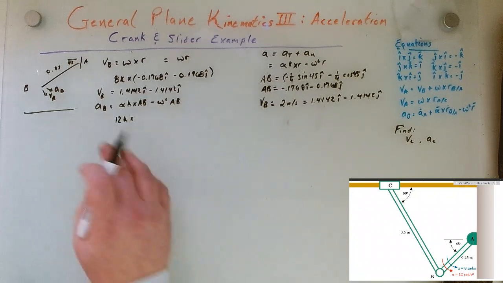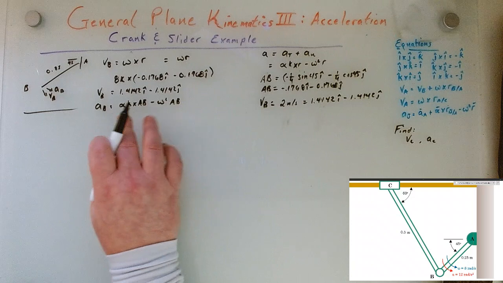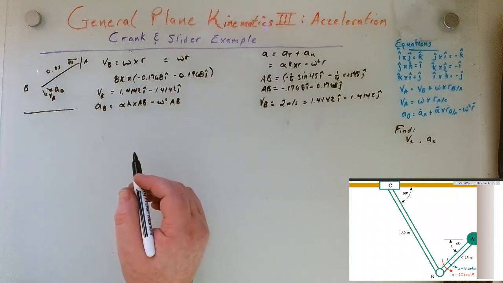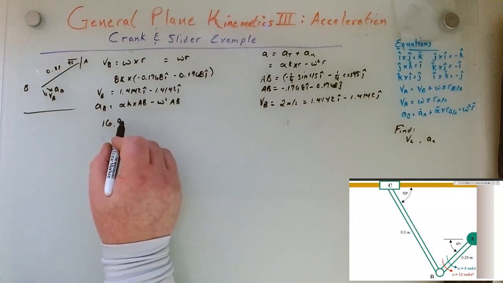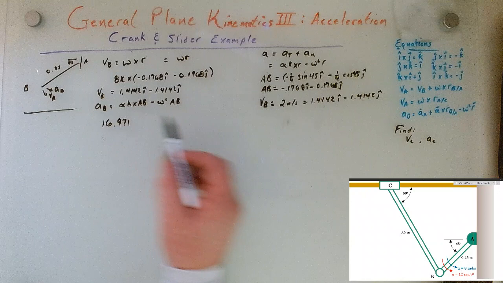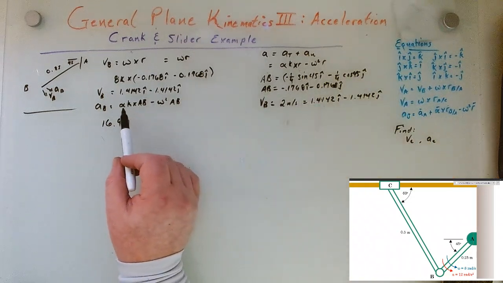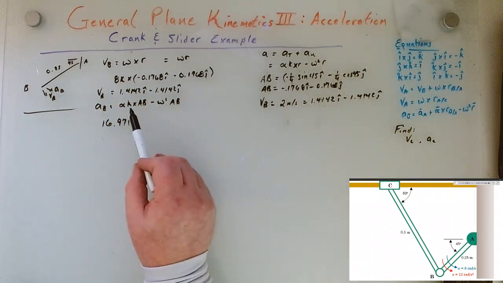So 12 times 1.4142 equals 16.971. Wait, that is not what we're crossing at all, it's the a.